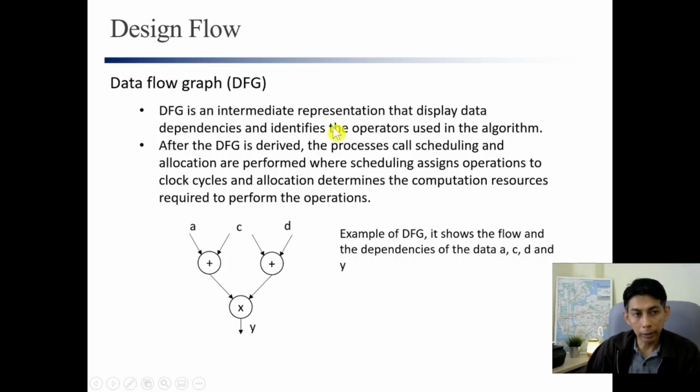It shows the data dependency, how the output depends on the input data, and identifies what operator is used in the algorithm.